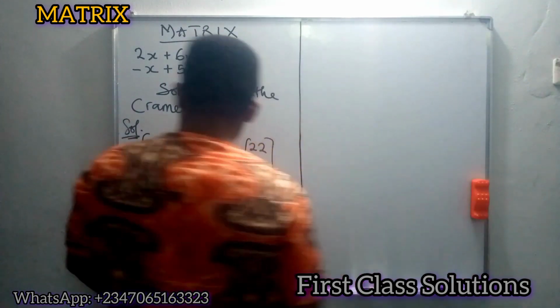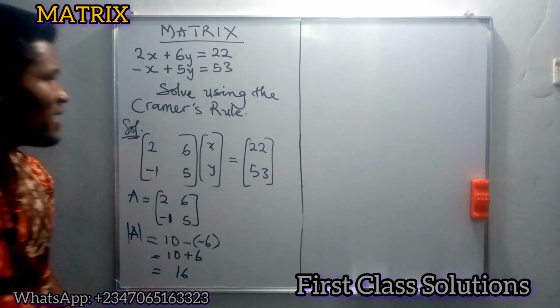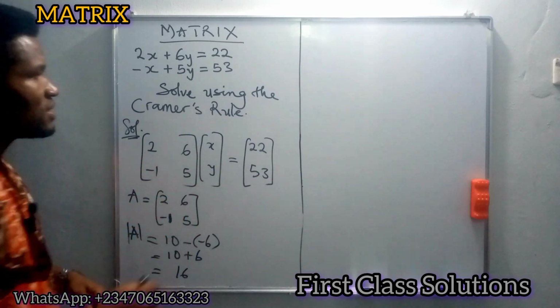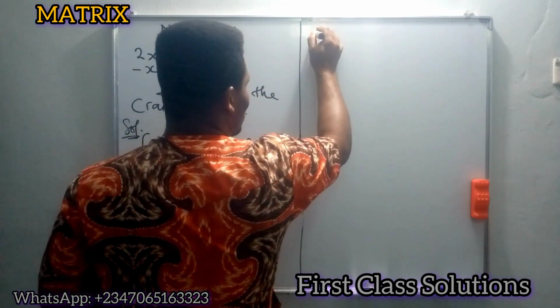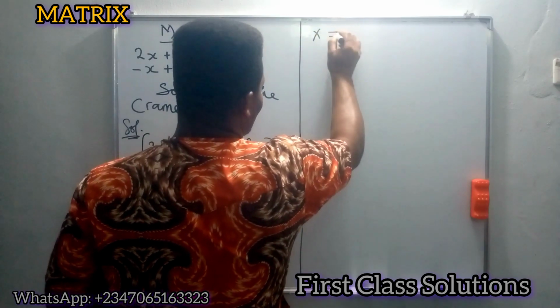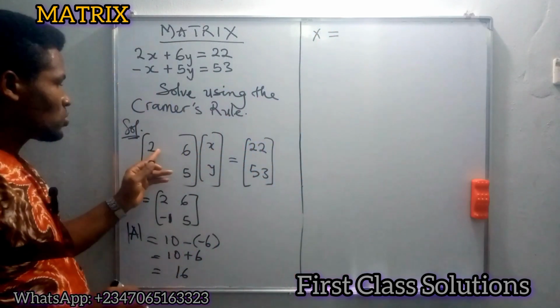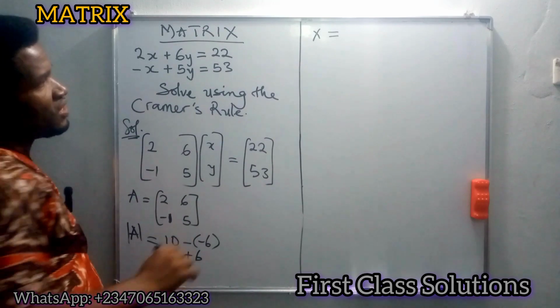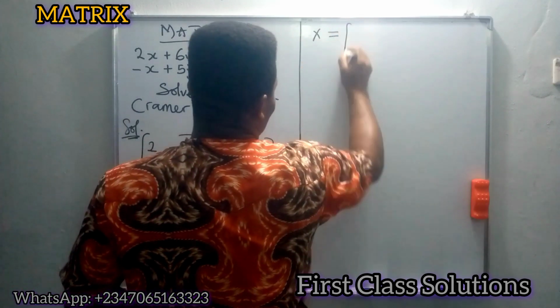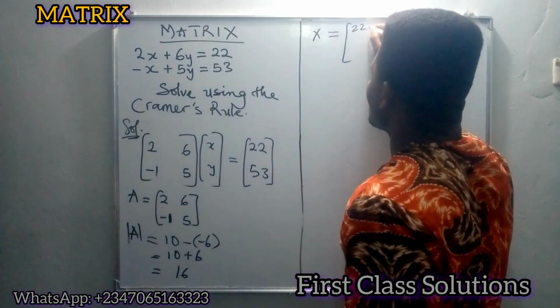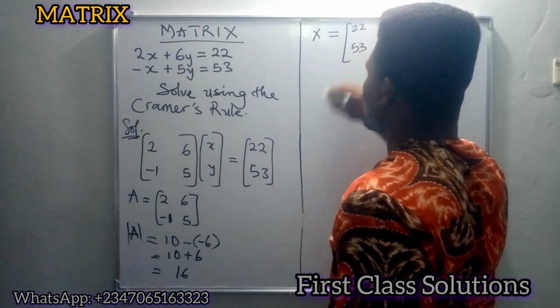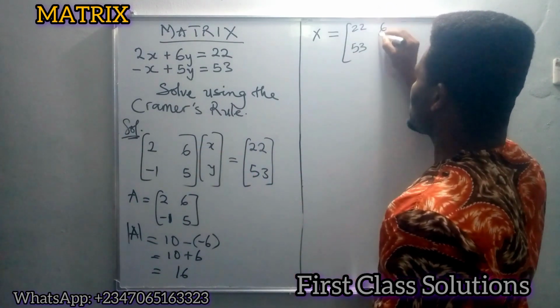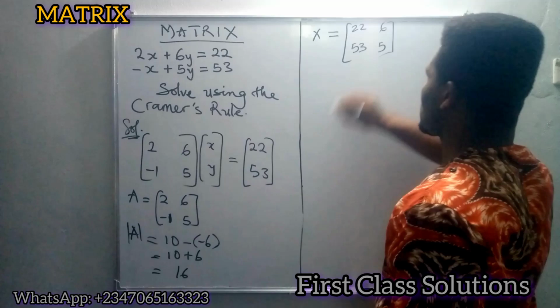So let us put what we are saying into practice. To get that special matrix, just like I explained earlier, we replace 2 and minus 1 with 22 and 53. Let's call that matrix x, equal to 22, 53, and 6 and 5.